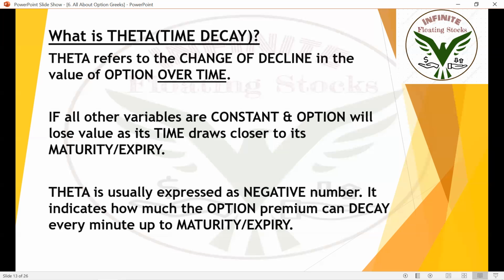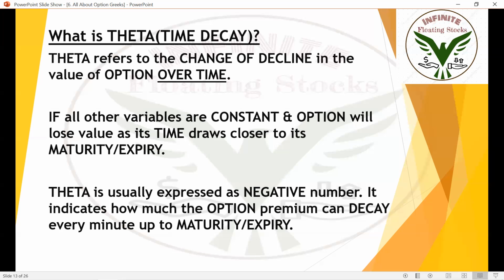Theta has a negative effect on option premiums. Now, about delta: if delta is high, the premium will increase more; if delta is low, the premium will increase only a little. Theta is like a charge that you need to be paying. Theta is time decay.